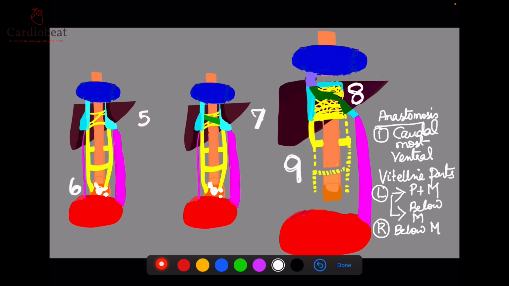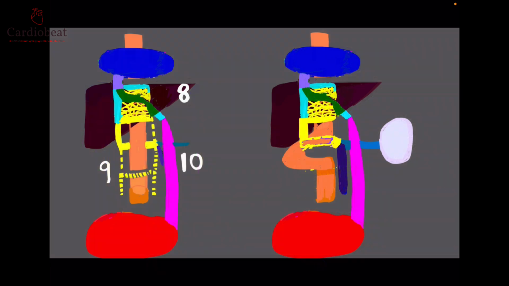So these are the parts which get disappeared. So the remaining will be the proximal as well as the middle anastomotic channel and the portion of the vitelline vein between the proximal and the middle anastomosis.